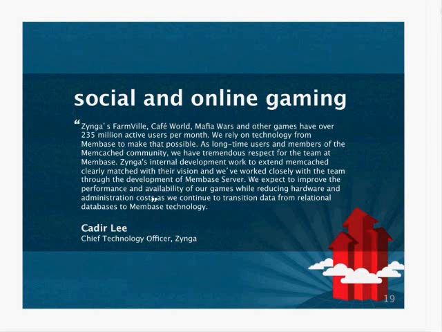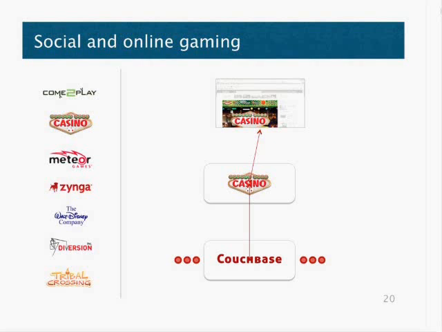And as a result, the largest provider of online games, Zynga, is actually using Membase as their NoSQL data store of choice. I can show you a little bit about a typical architecture, and you can see on the left there are many other companies in that realm using Membase. And they always have a very simple architecture. It's basically the basic 3-tier architecture I showed earlier, meaning they have the browsers as the presentation layer playing the game.